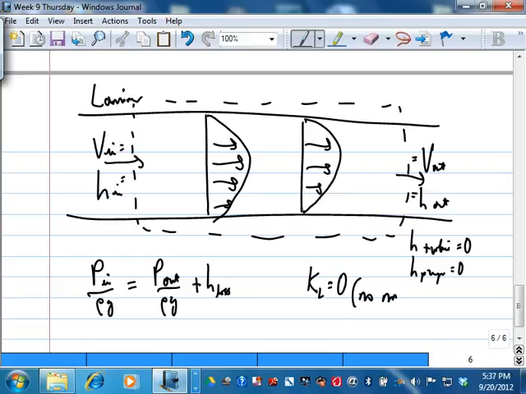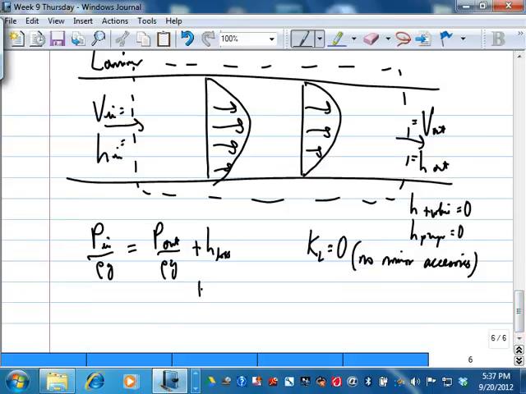No minor accessories. So we can say the head loss is actually F L on D, V squared on 2g.